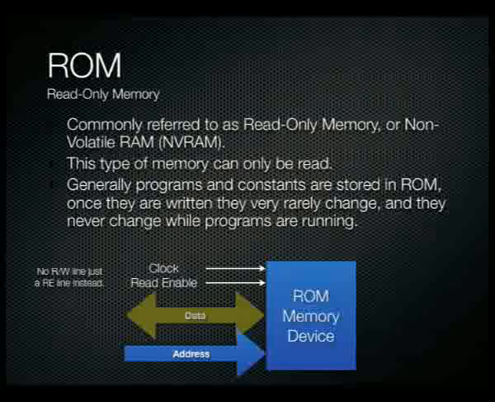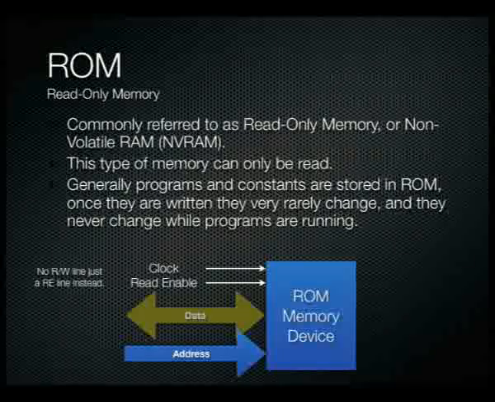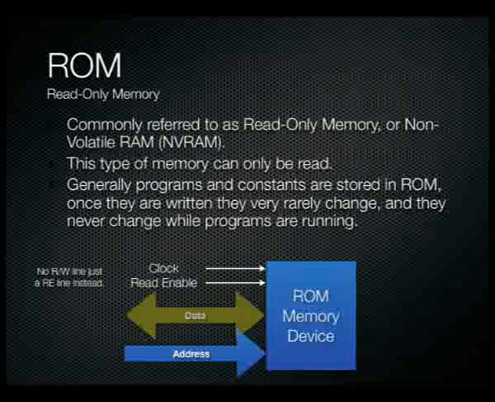A ROM device basically consists of a clock line and a read enable line, so we can trigger when we want to read. That read enable line would be connected to the read pin of our microprocessor. When we want to read from that device, we simply strobe that read line to tell the device to start decoding the memory and making the data available. We also have a data bus and address bus hooking into this device.